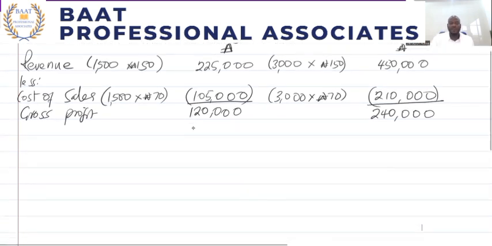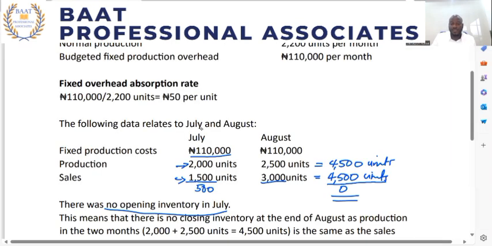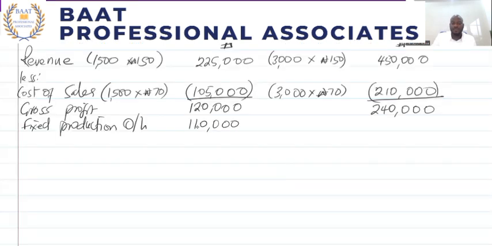All right, so since we are doing a profit statement, the next thing we do is to calculate our fixed production overhead. Fixed production overhead, according to the question, is 110,000 in July, 110,000 in August. So let's factor that in.